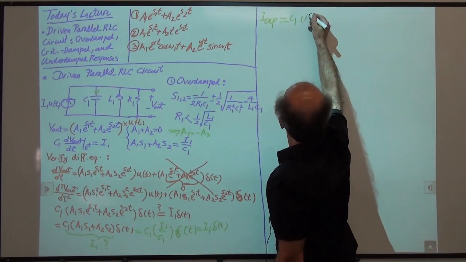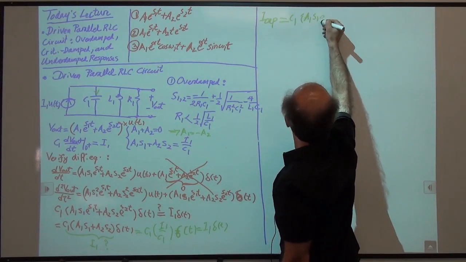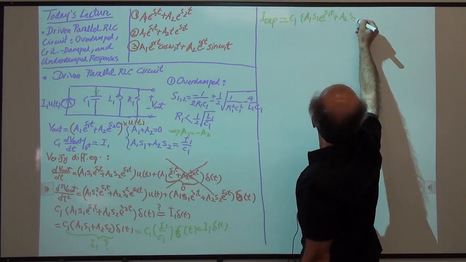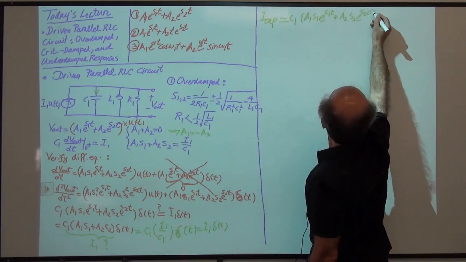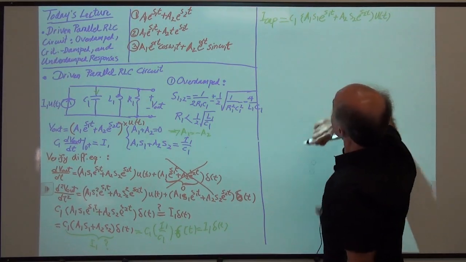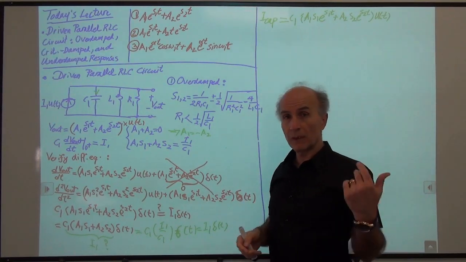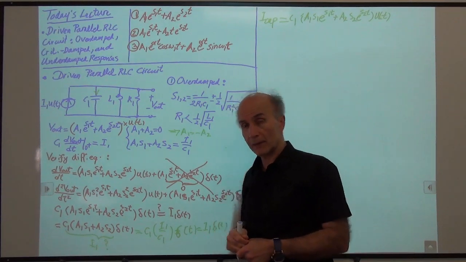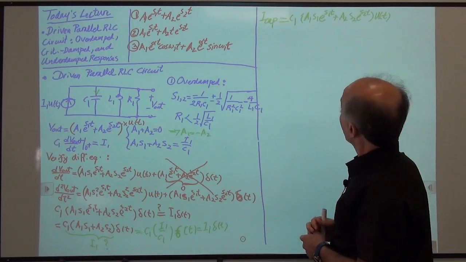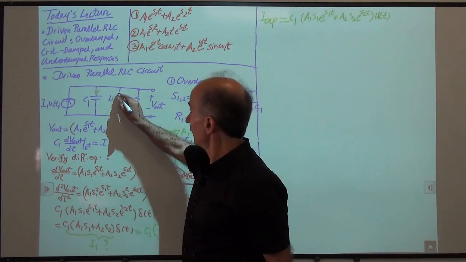So it's just A1 S1 e to the S1t plus A2 S2 e to the S2t, and then times u of t. Okay, very simple. So this equation is for the plot of capacitor current that we saw before. So that's fine. Now the next quantity that's interesting to find is the current through the inductor.